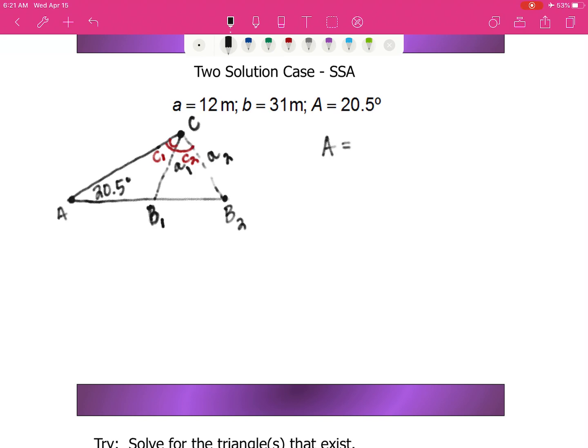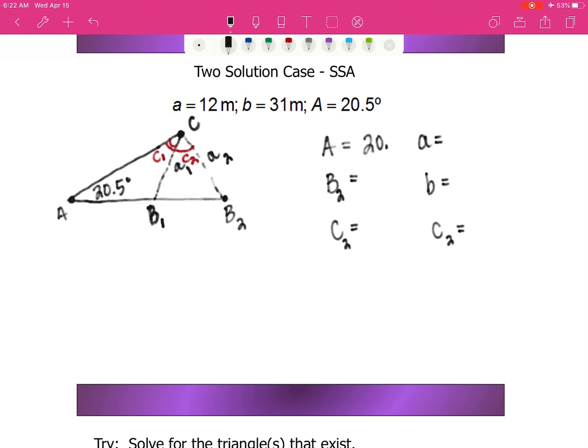So my first triangle, the first triangle that I was able to find happened to be B2 and C2. So I'm going to label those two here.